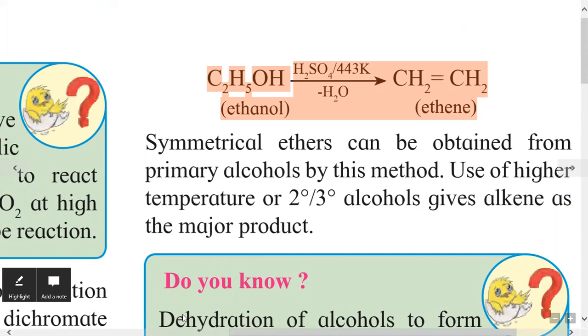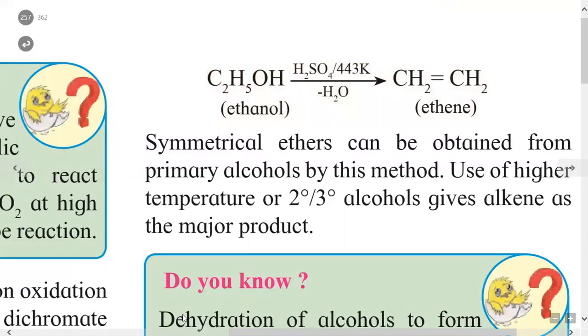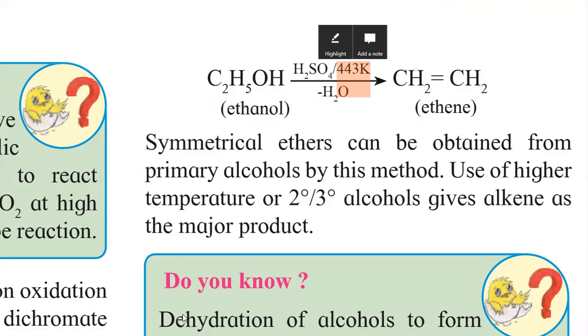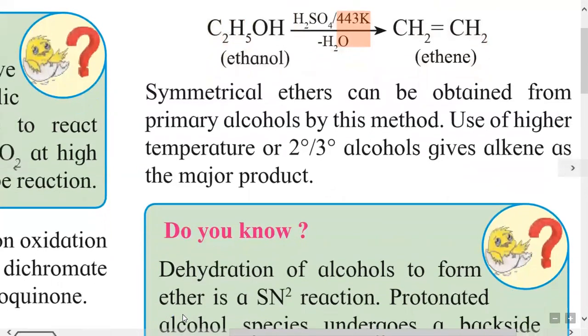Remember well that for the preparation of ether, the temperature used is 413 Kelvin and not 443 Kelvin. If we use 413 Kelvin, then we get ether as a product. And if we use 443 Kelvin for the same reaction, then we get alkene.